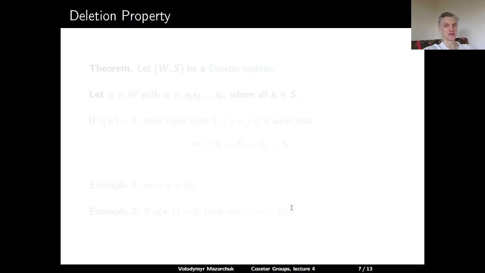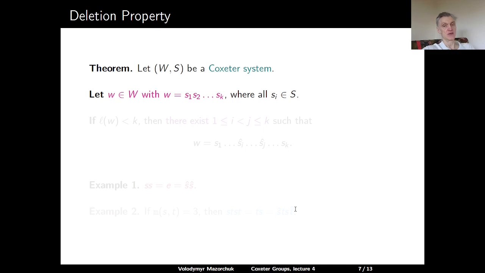Now we can formulate the deletion property. Theorem: let (W, S) be a Coxeter system. Let w be an element in W, and assume that we have some expression for w: w is equal to s1, s2, and so on, sk, where all si's are simple reflections, but we don't know whether this expression is reduced or not.